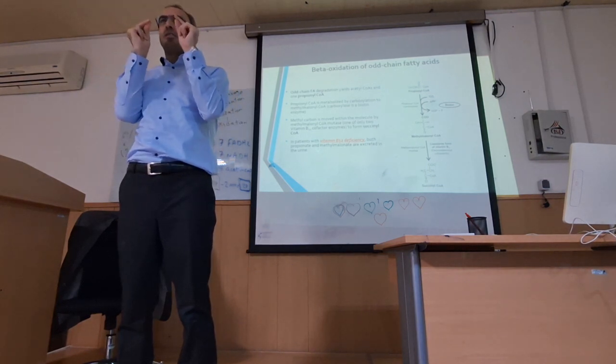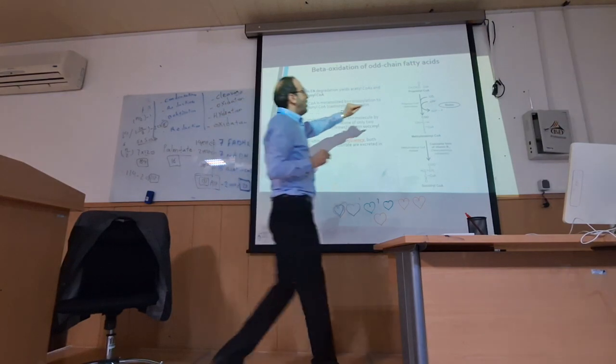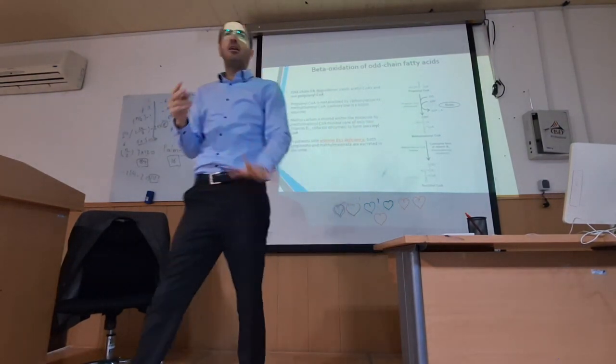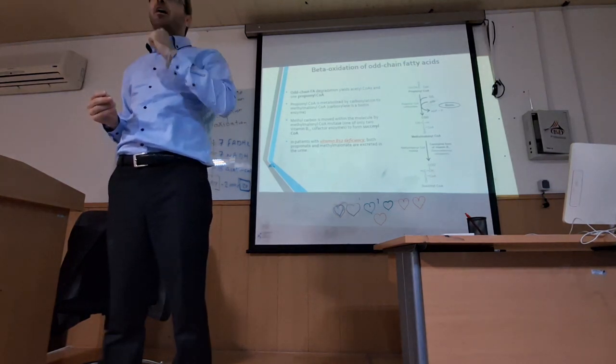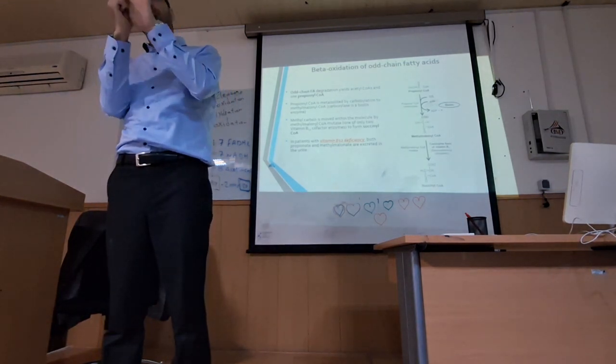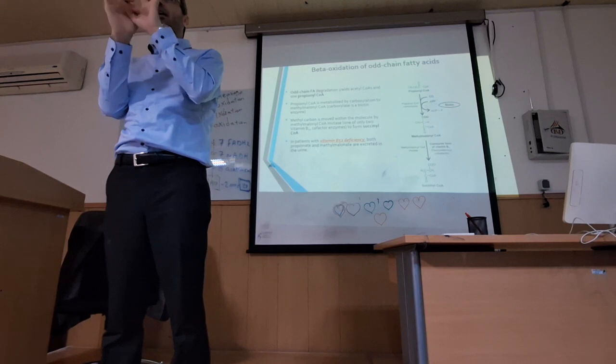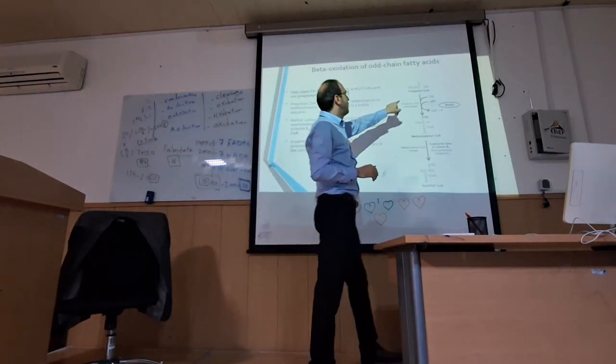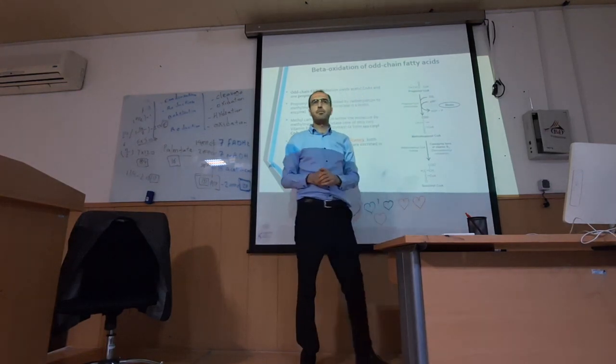In beta oxidation of odd chain, we cut two by two. Okay, finally we will have a 5. If we cut 2 by acetyl-CoA, how many carbons remain for us? 3. These 3 carbons are known as propionyl-CoA.